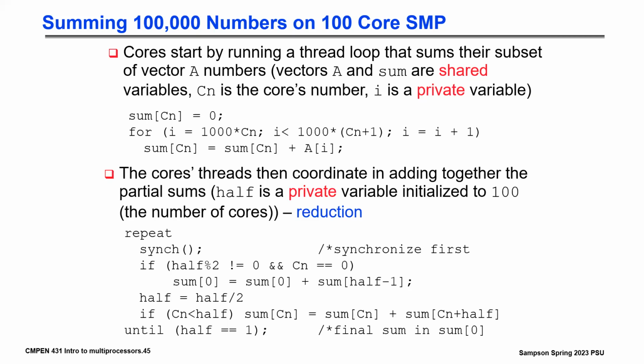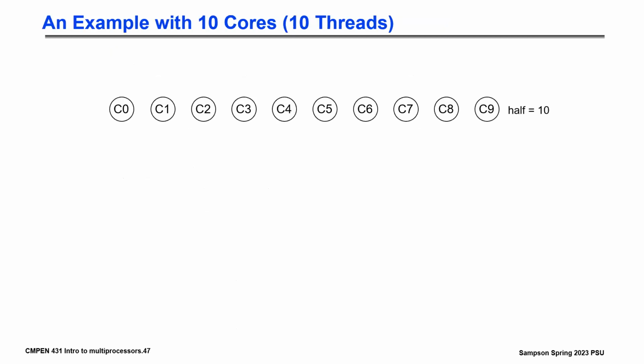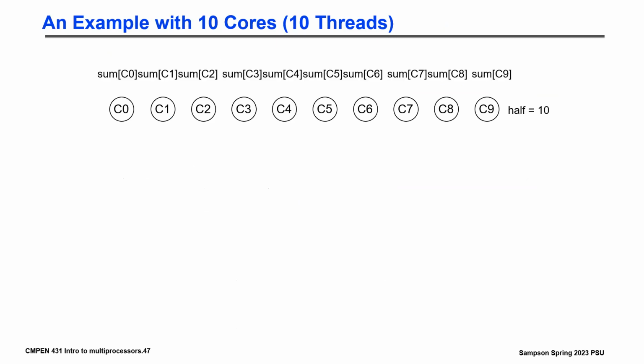Okay, now the first thing that you need to do is make sure that every one of your multiple threads has gotten to the same point in the program before you make any assumptions about what's going to happen. And then before you reallocate work in this series of phases, you need to resynchronize again. So just imagine you've got 10 threads, 10 cores.